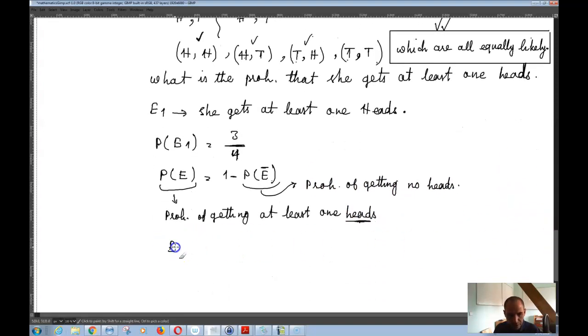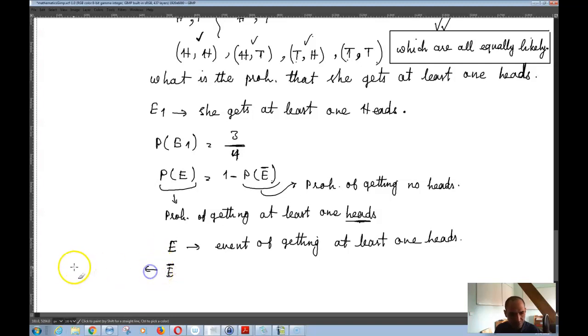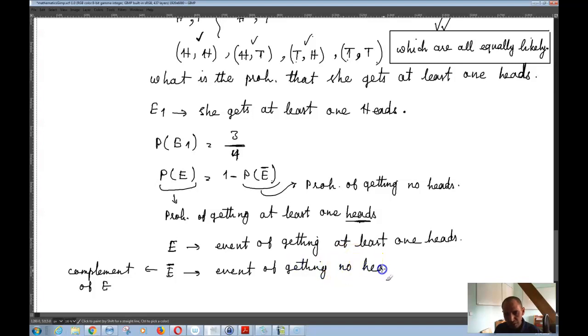Because if I take E as the event of getting at least one head, then E bar, which is the complement of E, means the event of getting no head, right?